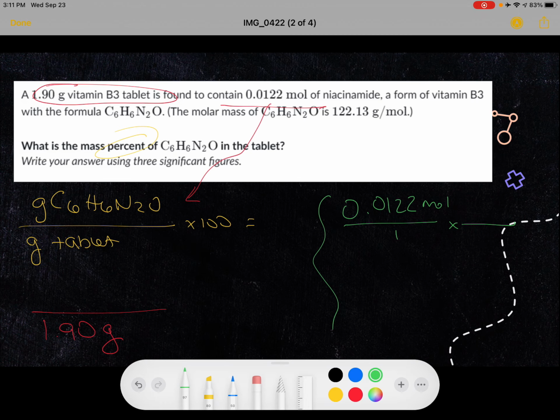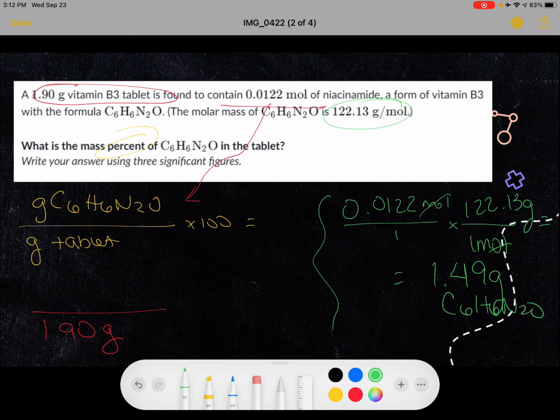Thankfully, they give us the molar mass. For every 1 mole of niacinamide, 122.13 grams of it. My moles cancel out, leaves me in grams. So I get 1.49 grams of niacinamide, and that is my numerator.